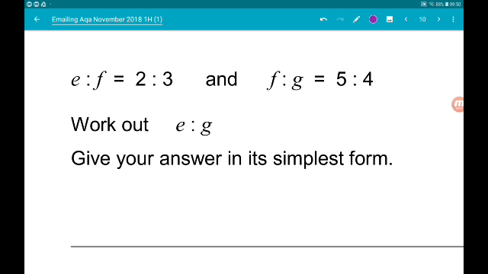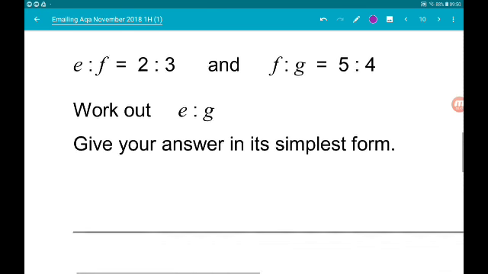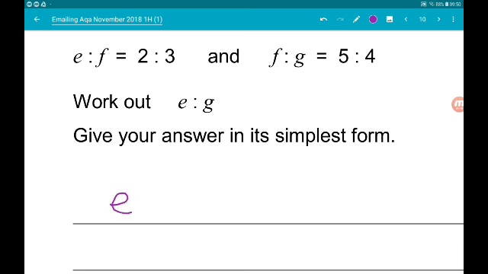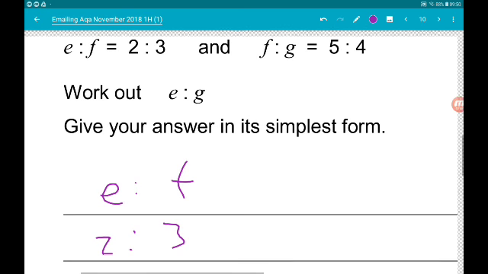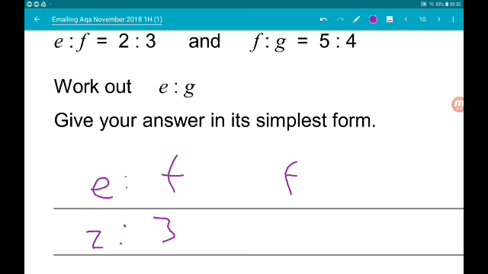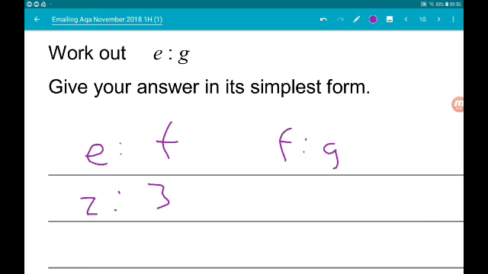I've got a video on this, I'll link it down below so you've got more examples. So, e to f is 2 to 3. F to g is 5 to 4.